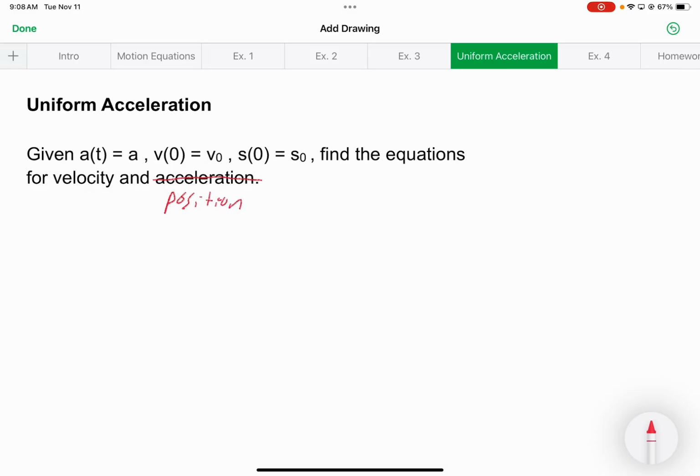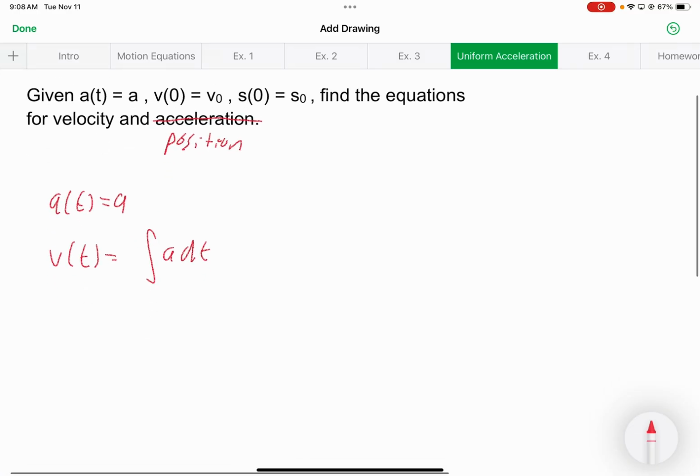All right, so a of t equals a. v of t is going to equal the antiderivative of a dt. Very simple. v of t is going to equal a times t plus c. Now, our given here, our initial velocity, is v with a subscript of 0.